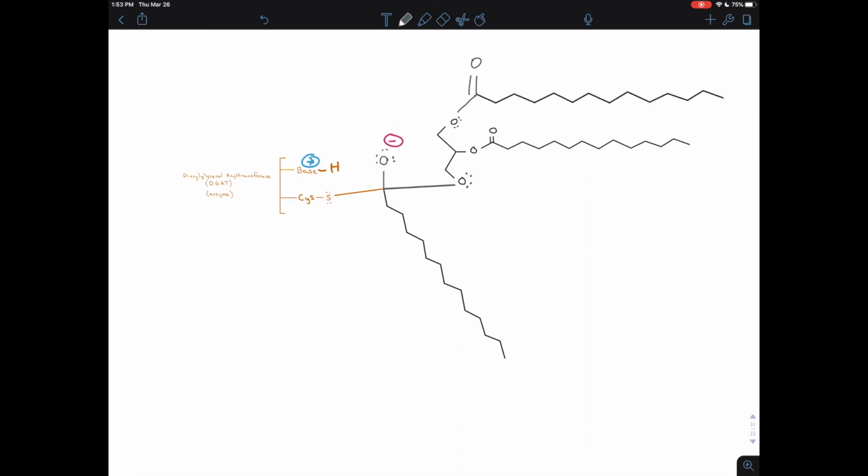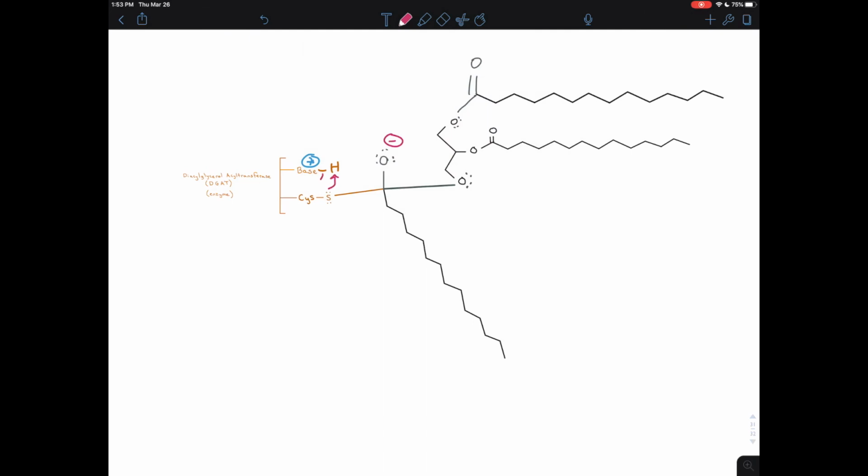Now, right now, this oxygen here is very unstable. It wants to snap back down to recreate the pi bond because this carbon is slightly positive, but there's no clear good leaving group. So we're going to do another proton transfer to turn this cysteine, and therefore the enzyme, into a good leaving group.